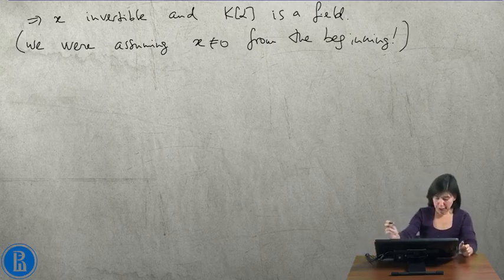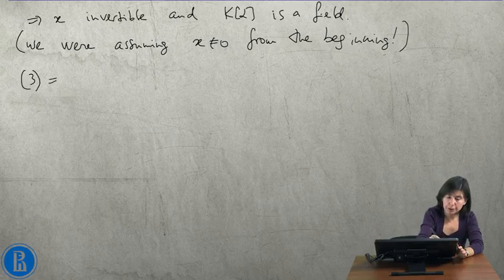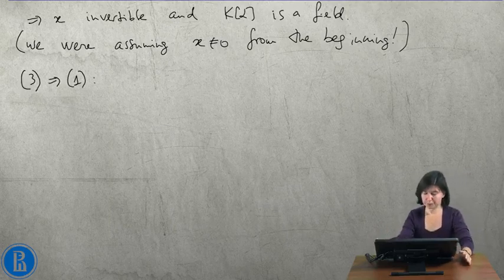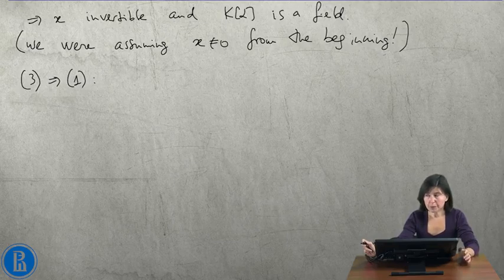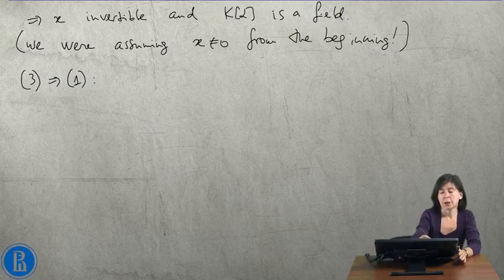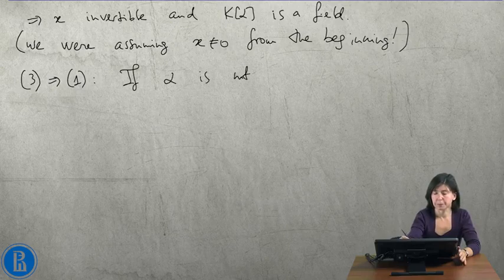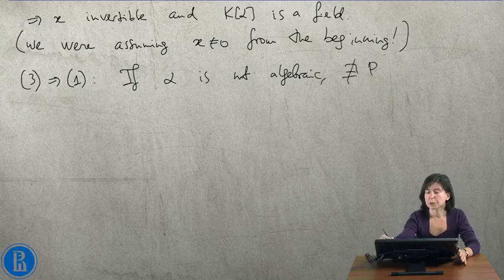Okay, so let me prove that 3 implies 1. So if K of alpha in the square brackets is a field, then alpha is algebraic. This is maybe the easiest part. So if alpha is not algebraic, then there exists no polynomial P such that P of alpha is 0.